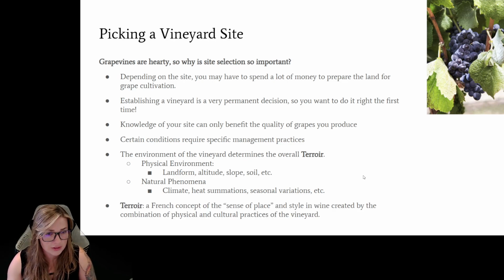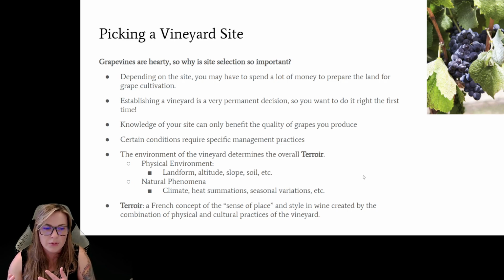So the definition of terroir is, it's a French concept, which means a sense of place. And it's when you can taste a product. Normally it refers to wine, but it can also refer to other things as well, like honey or, why am I blanking right now? Cheese, ham, cured meats, tea. There's so many other products that reflect the region that it was grown in, right?